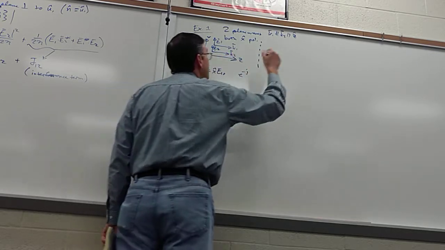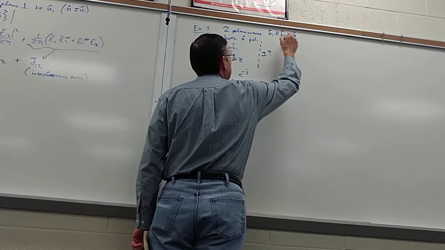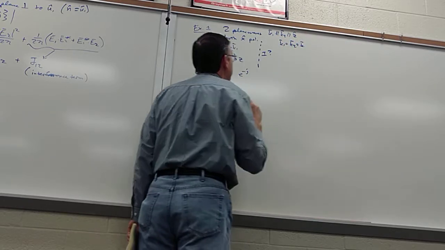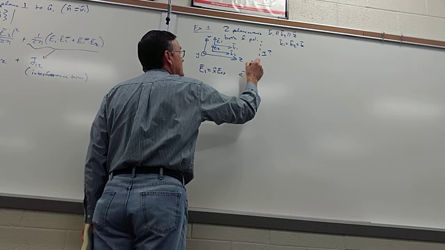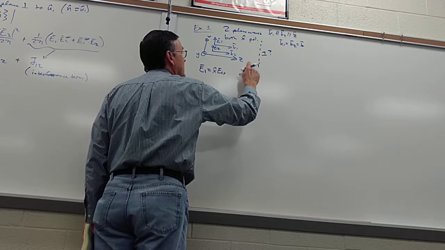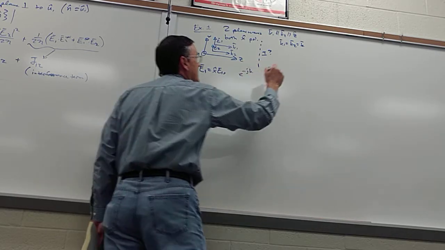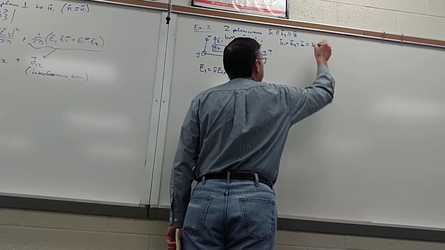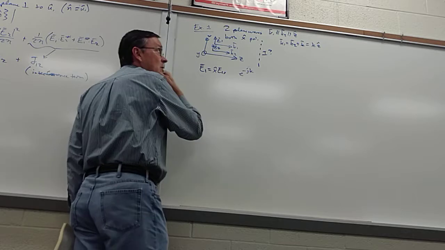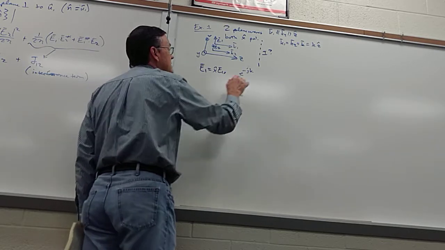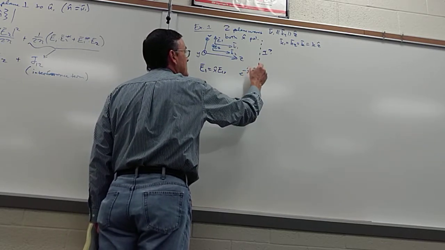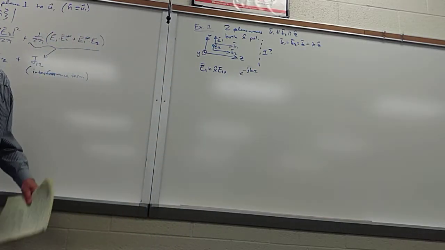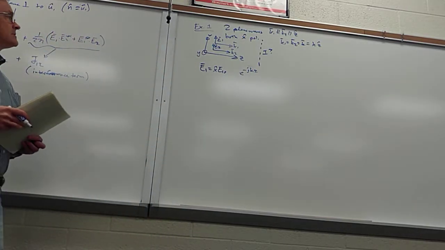And let's let, because these are in the same directions, k1 be k2, so let's just call it k, just to keep our notation simpler. And that's going to be wave number times z hat. So when we take k dot r, that's going to give us the wave number times z. Okay? All right, what else do we have?